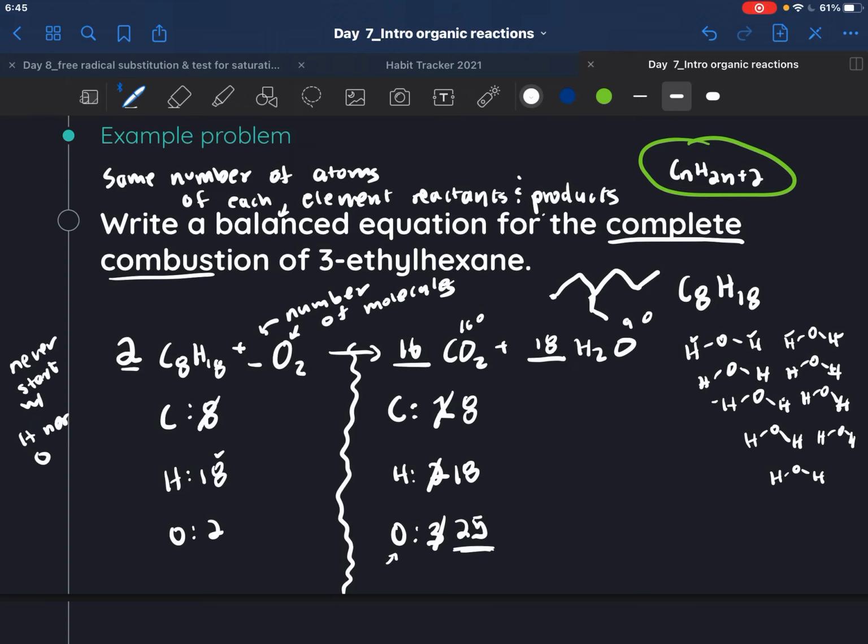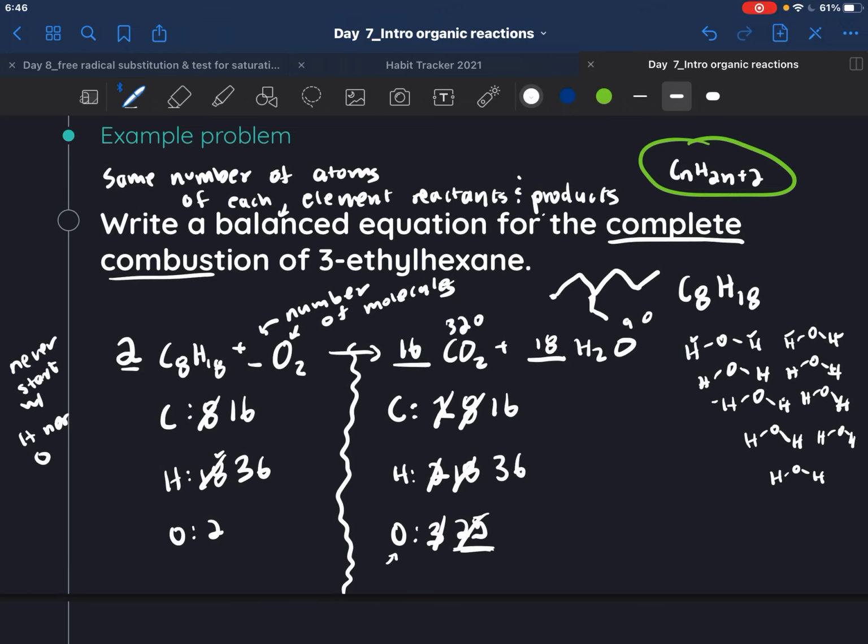So carbons on the left, I have 16 carbon atoms. I have 36 hydrogen atoms. 2 times 18 is 36. On the right, I have 16 carbon atoms and 16 CO2. I have 18 times 2 is 36 hydrogen atoms. And I now have 16 times 2, 32 oxygens here.